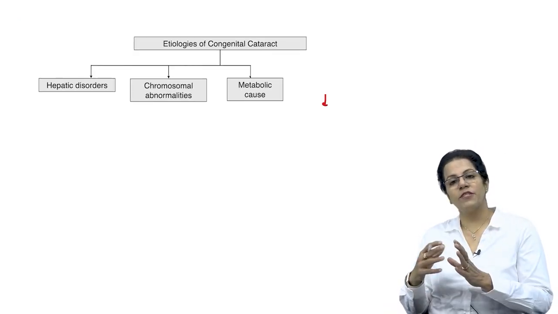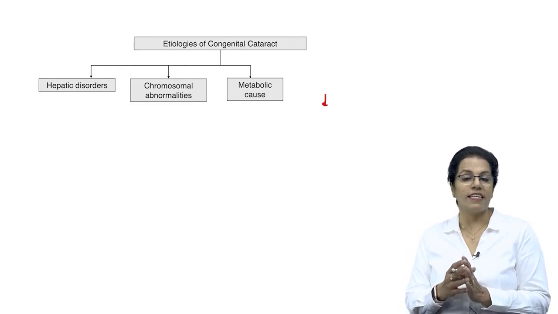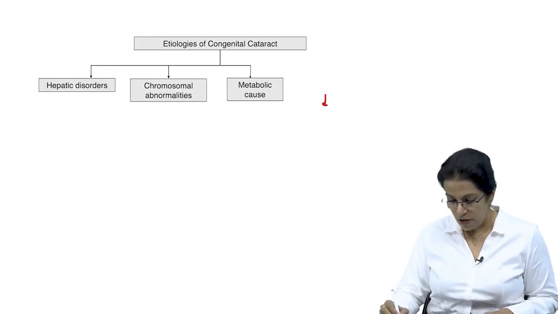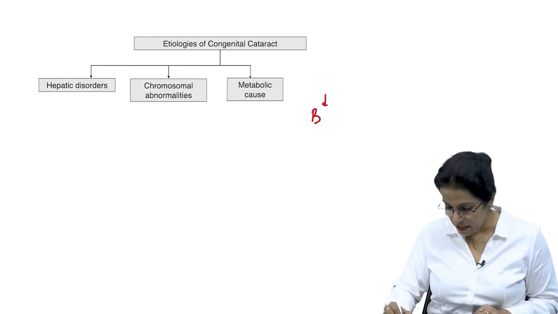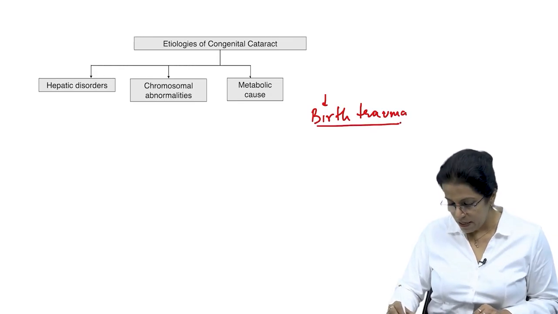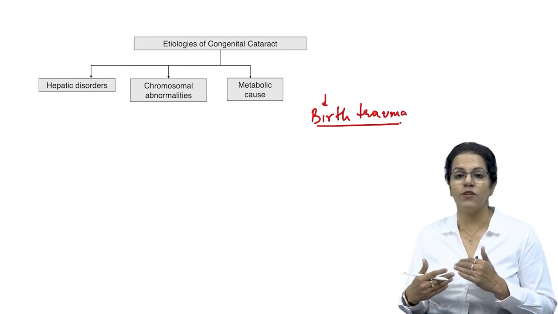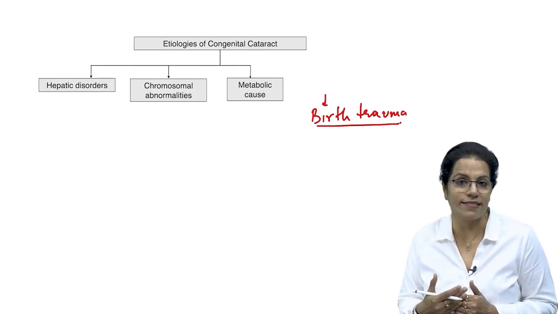When we were talking about the etiology, generally all these cases of congenital cataract are bilateral. What are the unilateral cases? Please note down the next cause here is birth trauma. Birth trauma is a cause of unilateral congenital cataract.